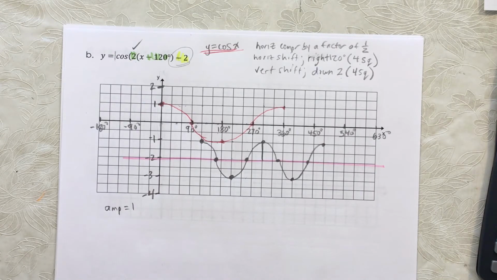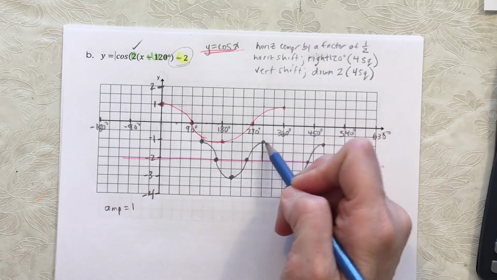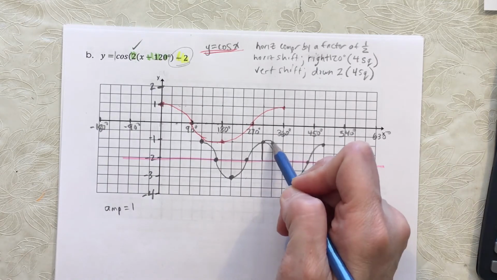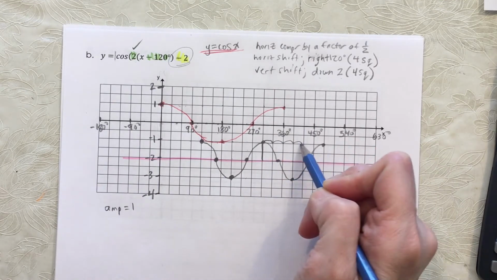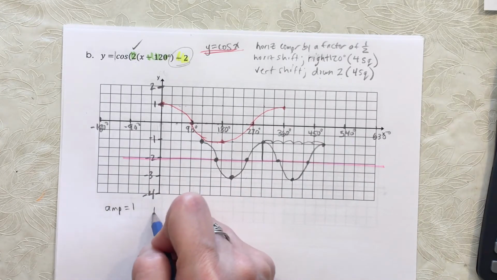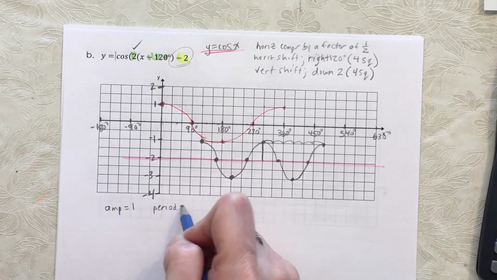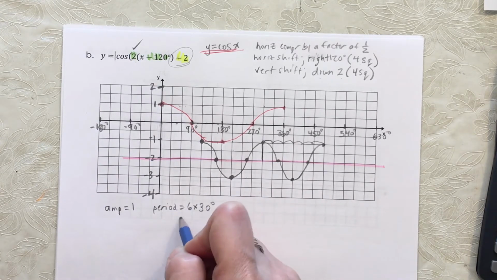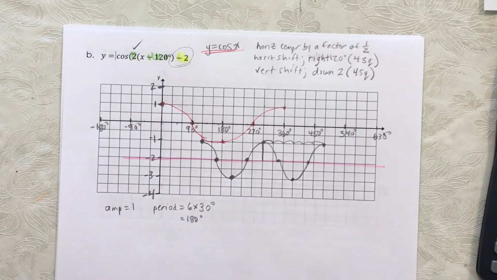Our period, so let's count the squares from maximum to maximum. So I could do that, it doesn't matter which ones I choose, but 1, 2, 3, 4, 5, 6. Okay, so the period is going to be 6 squares times each square is worth 30 degrees, which is 180 degrees.